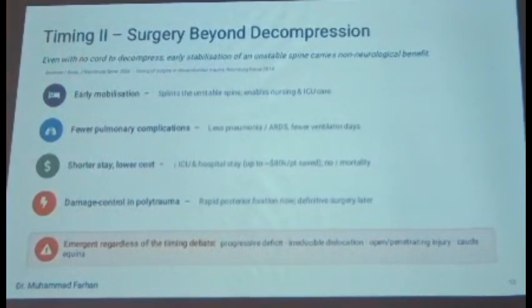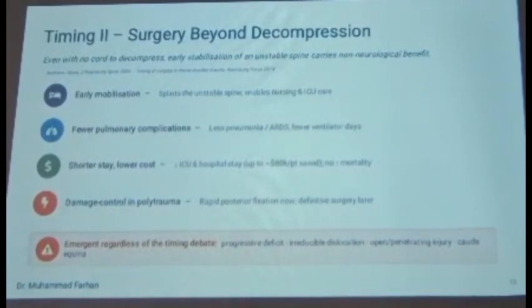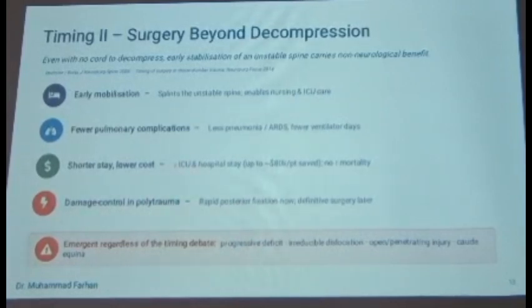After early surgery, the patient can mobilize early, and fewer pulmonary complications can occur, because immobilization can lead to pneumonia, ARDS, and ventilator associated complications. Then shorter stay and lower cost are also due to early surgery. Then damage control in polytrauma, such as rapid posterior fixation and definitive surgery later. All these complications can occur due to late surgery, and we can prevent them by early surgery, even if decompression is not required.